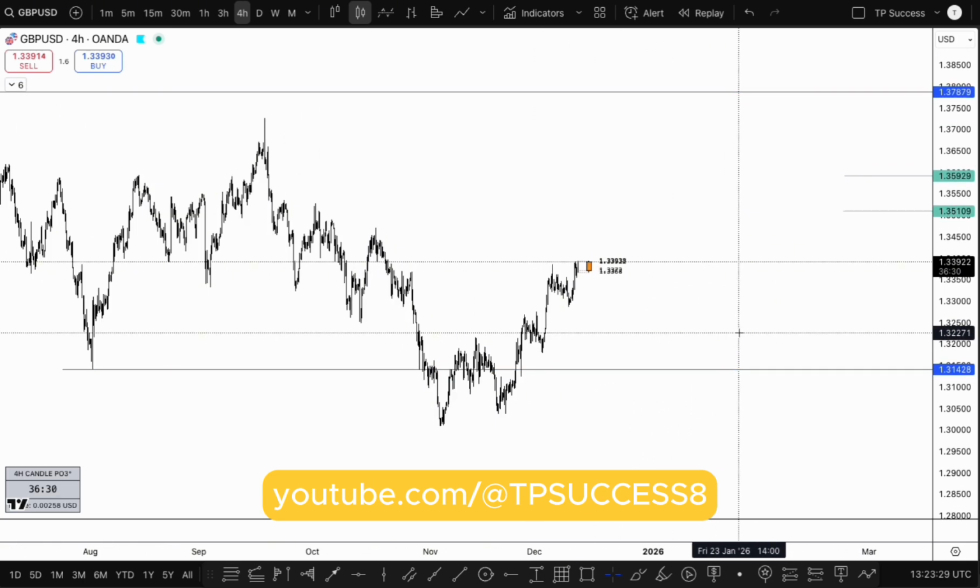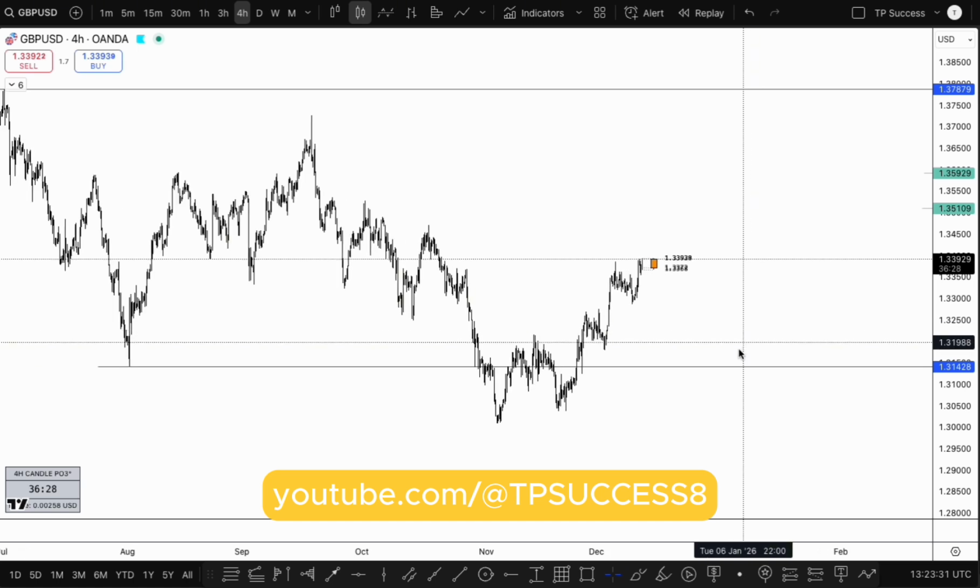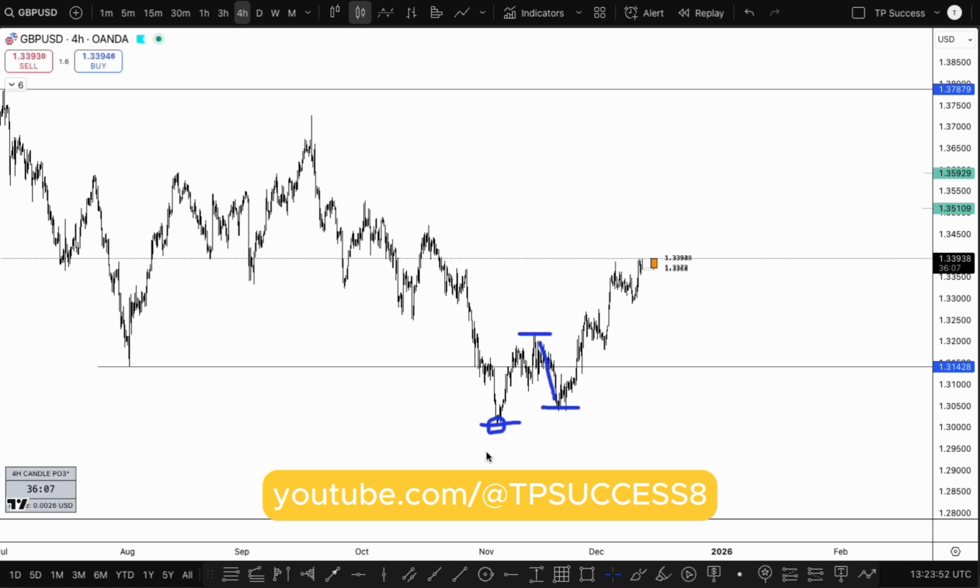Ideally, I would have loved to have been keeping an eye on things when the market produced this low over here, then went on to produce this high over here, then came down to produce this low. I would have loved to have been watching GBPUSD when this move took place.